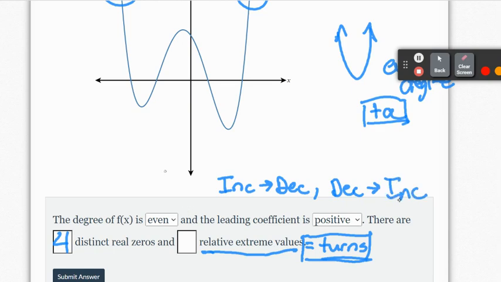So decreasing to increasing, that's 1 turn. Increasing to decreasing, that's 2 turns. Decreasing to increasing, that's my 3rd turn. There are 3 relative extremes. That is the solution. That's all the analysis for this one.